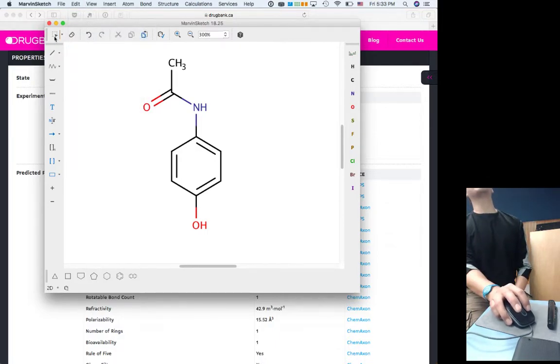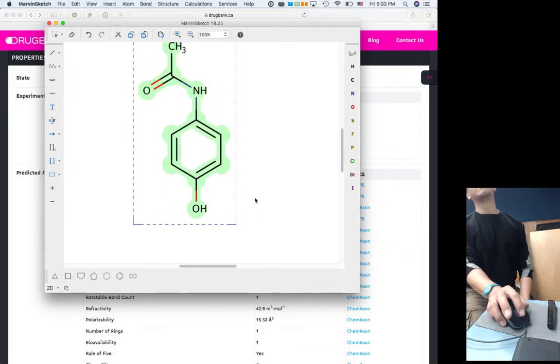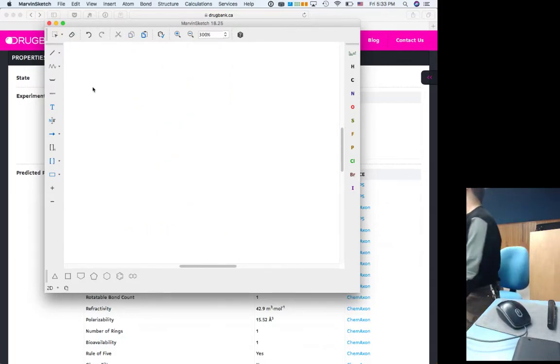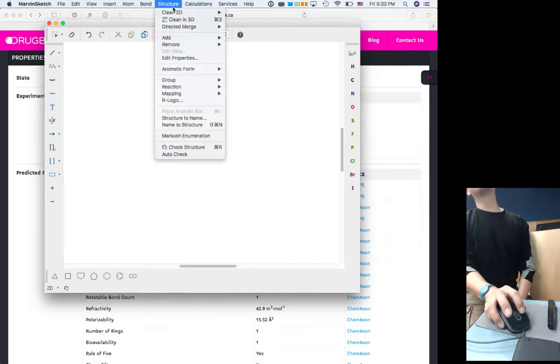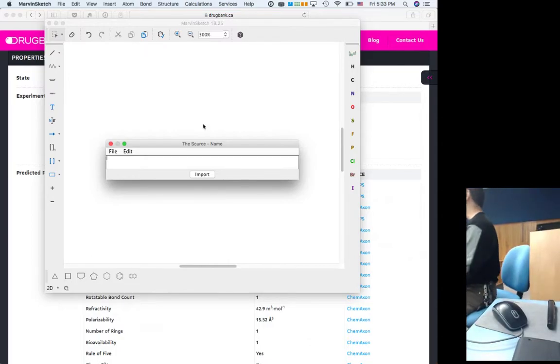But usually, what I do is click on this selection tool, select everything, and then click the eraser. Ideally, or in some instances, you can select atoms or bonds or specific things, and you can erase those one at a time. Okay, so structure, name to structure. How do we spell omeprazole?